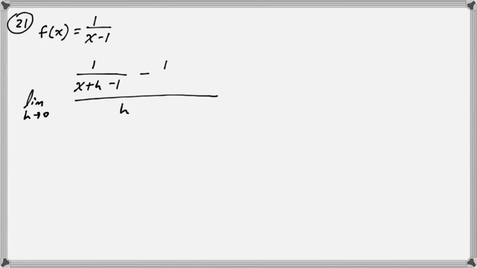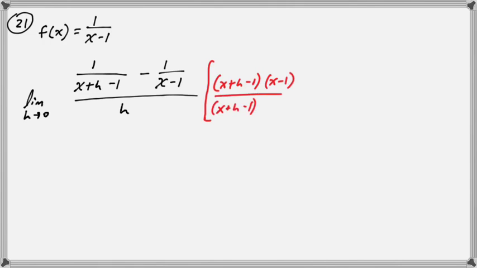Now you're minusing the original. I think we've done a lot of these with conjugates and common denominators. Here's a common denominator one. X plus h minus 1 and x minus 1. X plus h minus 1 times x minus 1.